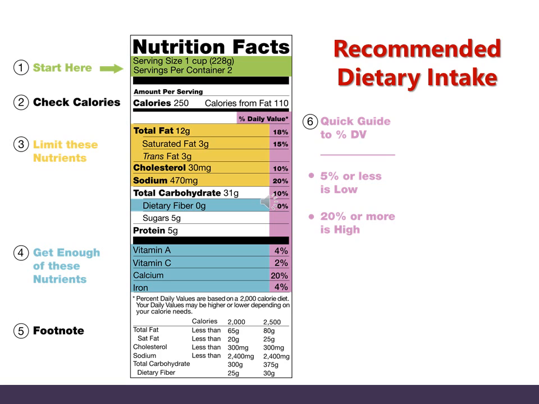So, I want you to look at the fat, cholesterol, and sodium. Is it within the recommended range? Yes, because it is not less than 5, but it is not more than 20%. Now, I want you to move to the green labels, and it says get enough of these nutrients. We have fibers, vitamin A, vitamin C, calcium, and iron.